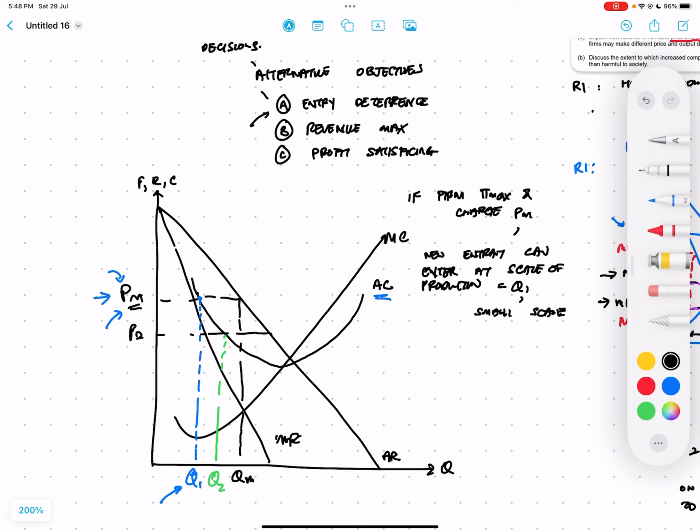And then you contrast it with the other case. So let's say the firm charges P2, so maybe let's use yellow. However, if the firm practices entry deterrence, meaning it deviates from profit max and charges P2, then a new entrant needs to enter at the scale of production of Q2 in order to make normal profits.